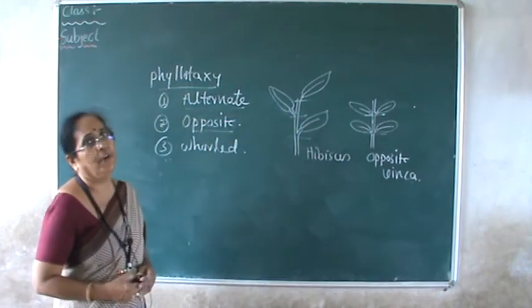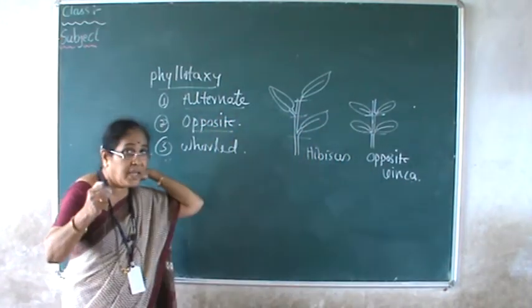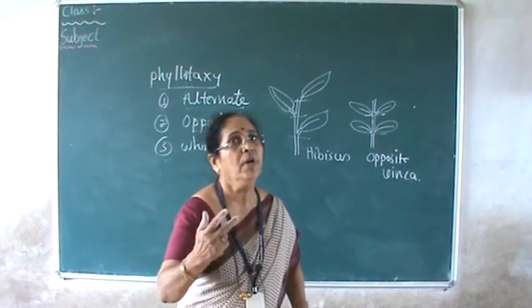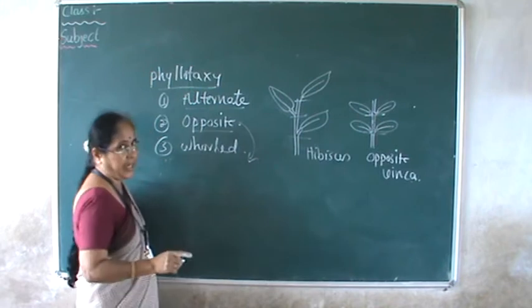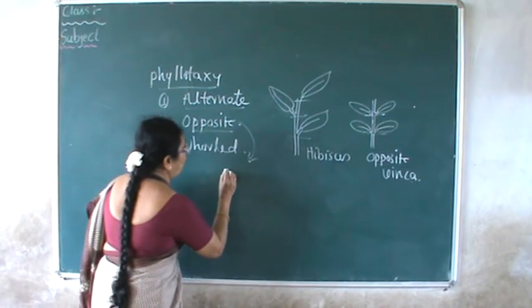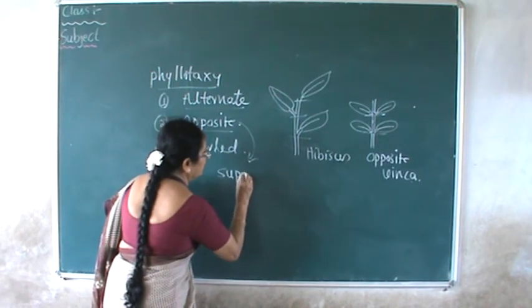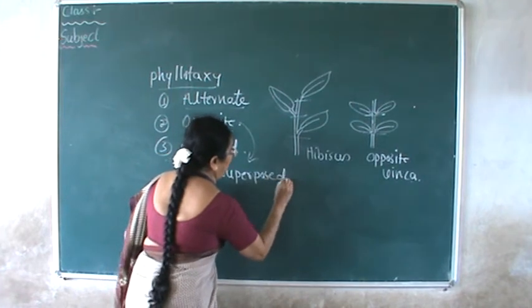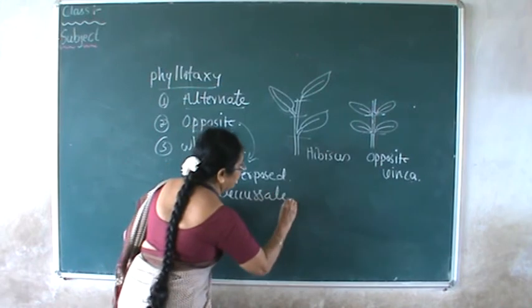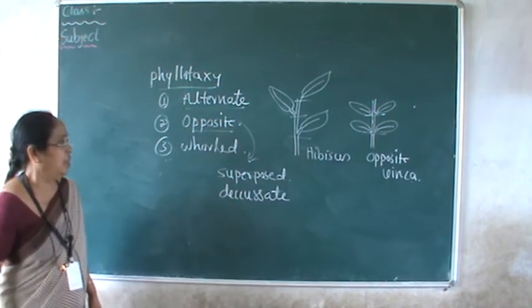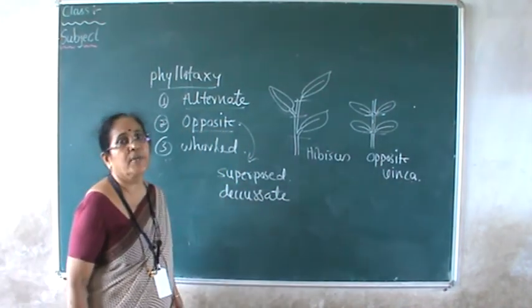For opposite phyllotaxy, there are two more types. If it is opposite, then you have to check whether the leaves are opposite superposed or opposite decussate.